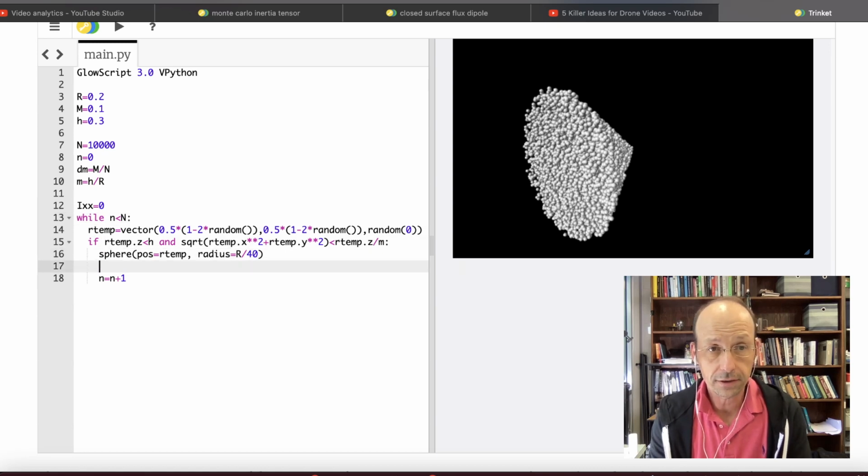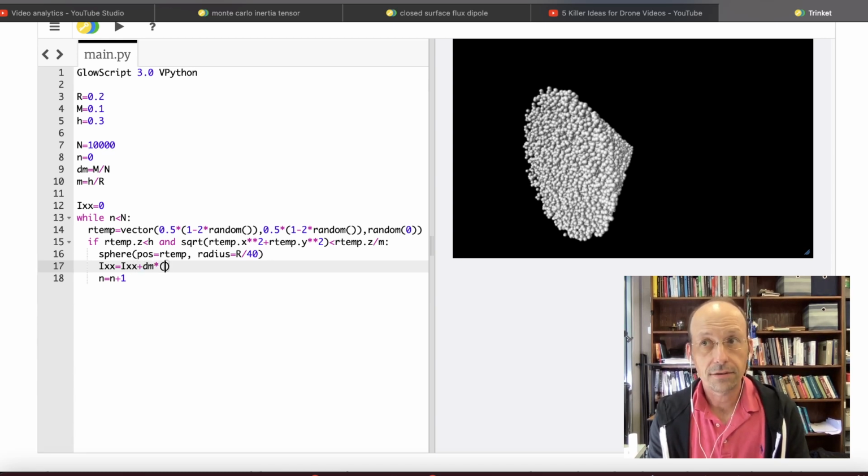So over here, I'm just going to say IXX equals IXX plus dm times its y component squared plus its z component squared, rtemp.y squared plus rtemp.z squared.